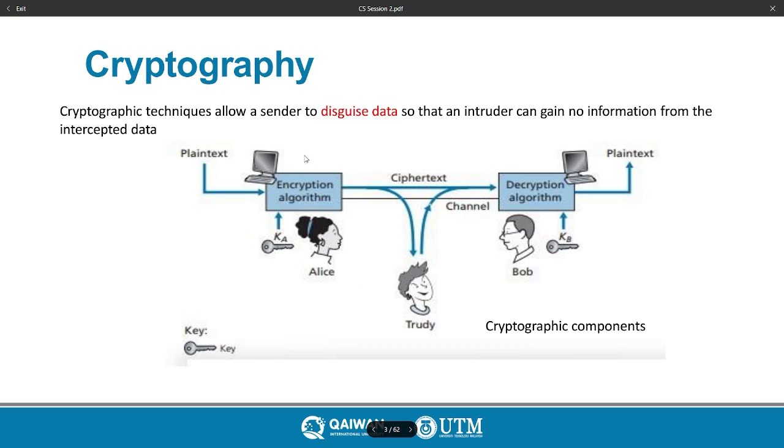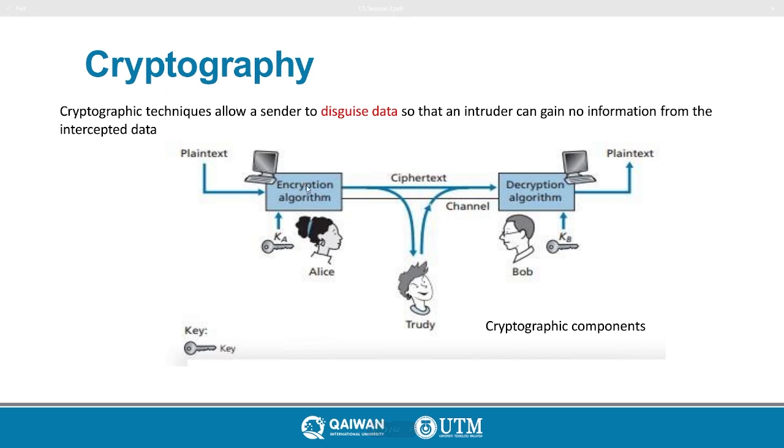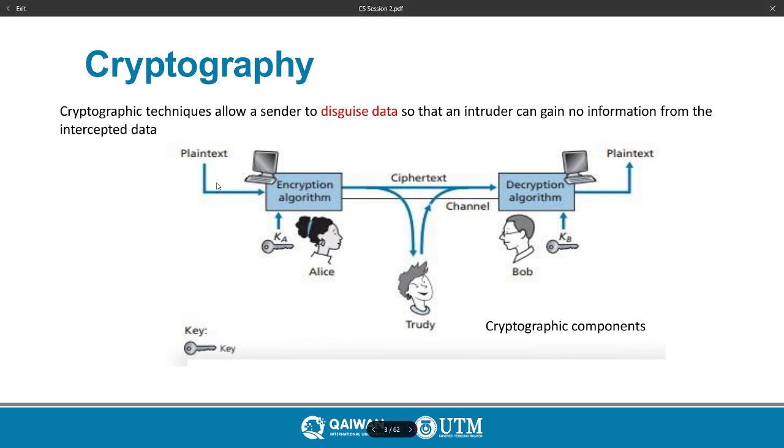And how to make that? One of the ways would be encrypting that plain text, or that main message. We will use an encryption algorithm with a key, and then we will send it to Bob via this channel. You see, we will send the ciphertext, or the scrambled text. Even if Trudy sees this ciphertext, he cannot understand what that ciphertext means.